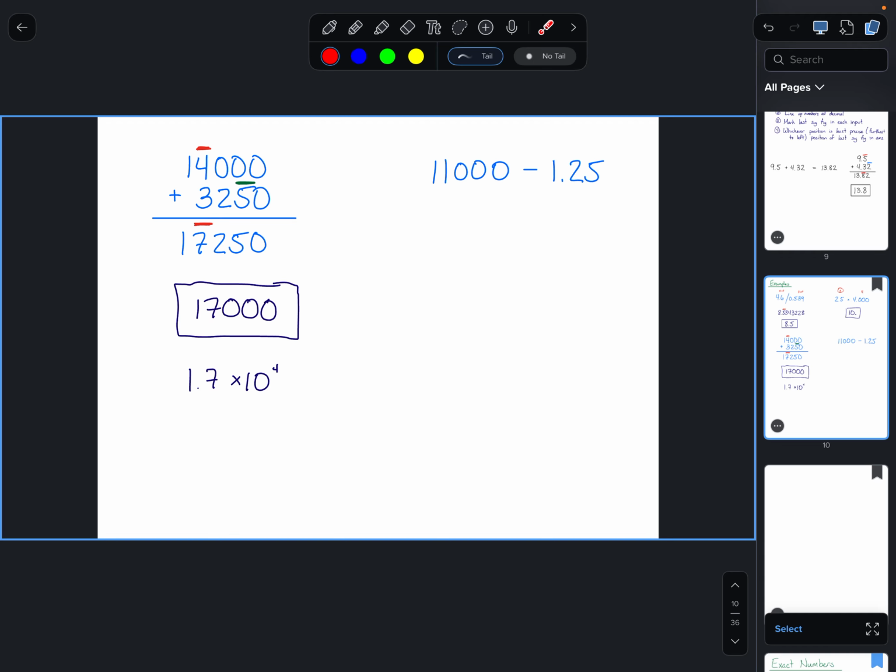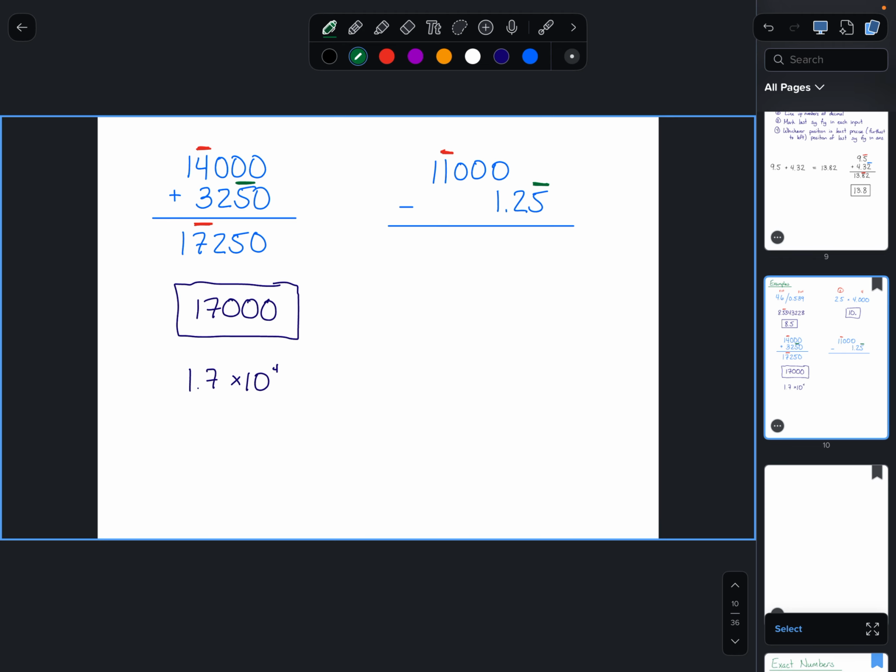All right, now this one's a weird one here. 11,000 minus 1.25. All right, and let's just first follow our rules, and then I'll sort of take a step back and explain how this makes sense. Okay, so first of all, 11,000, what am I going to mark as my last sig fig? That second one there, right? No zeros because there's no decimal. What about in 1.25? What's my last sig fig? The 5.